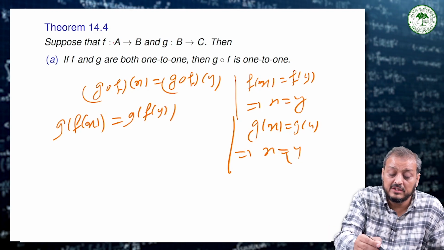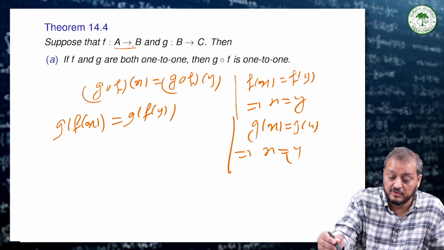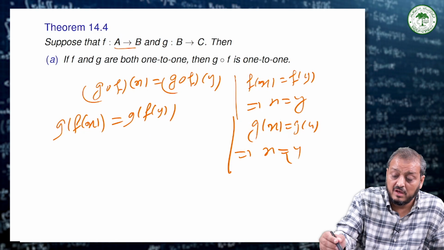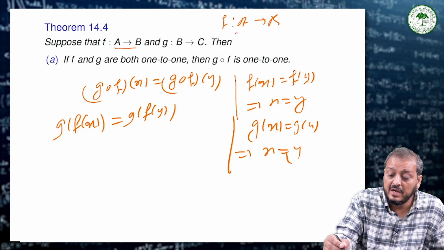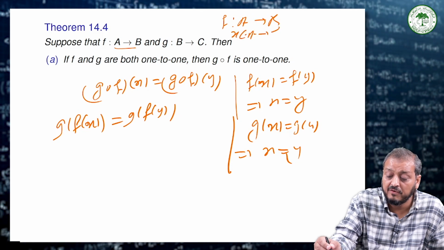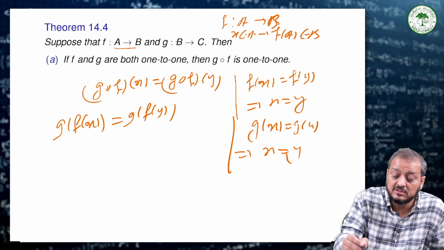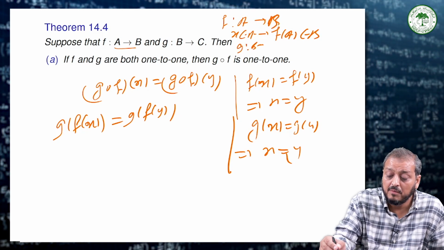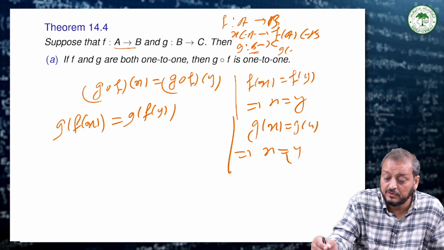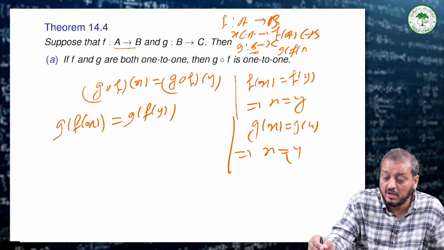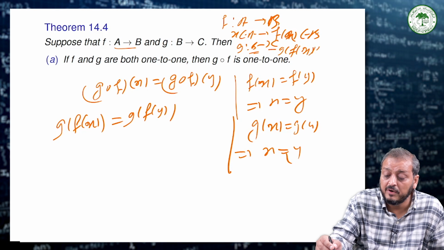Now, by the property of f from A to B, if x is an element of A, then f of x is an element of B, and similarly g is from B to C, so g of f of x is an element of C.